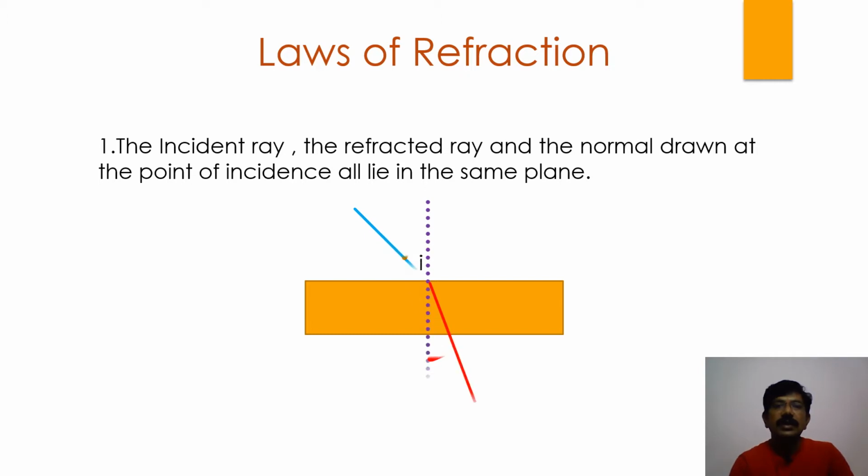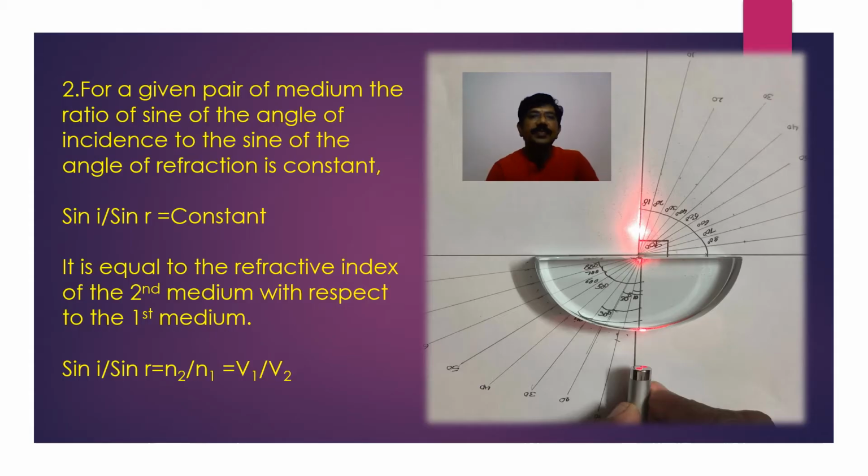Let us learn what is the second law of refraction. The second law of refraction is also known as Snell's law. For a given pair of media, the ratio of sine of the angle of incident to the sine of the angle of refraction is always constant.